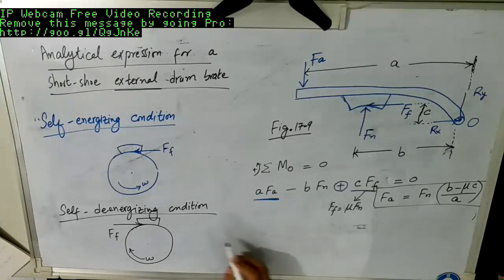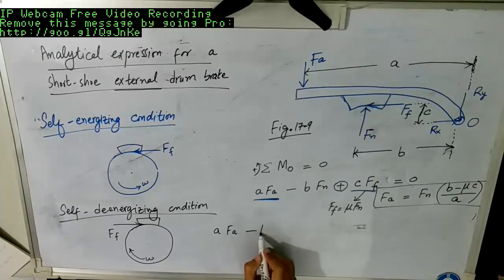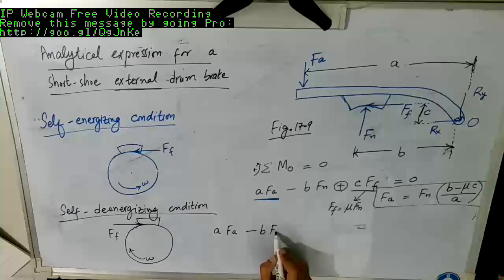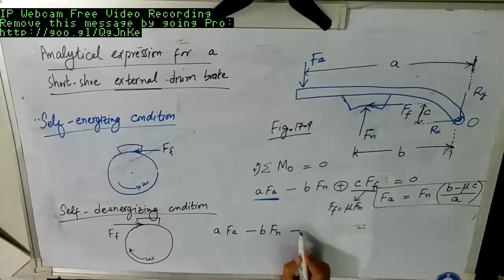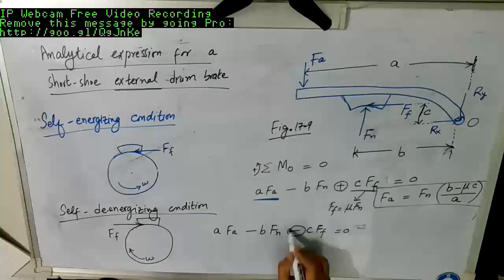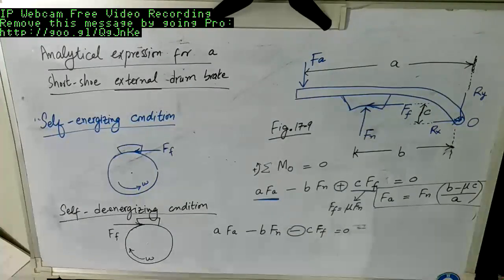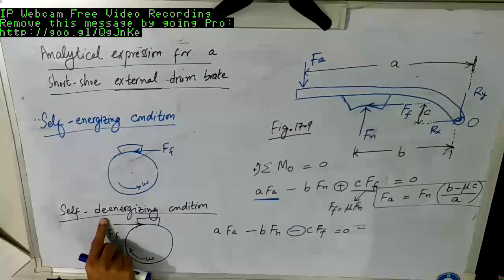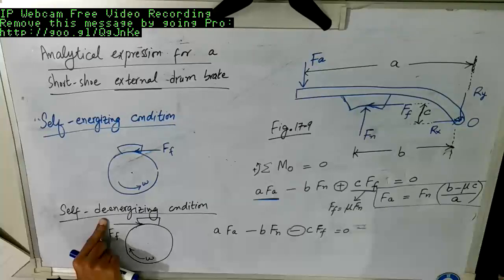So we will get A Fa minus B Fn minus C Ff is equal to 0. Note that here we have a minus instead of a plus. So in this direction of rotation, the brake is not self-energizing, instead it is self-de-energizing.